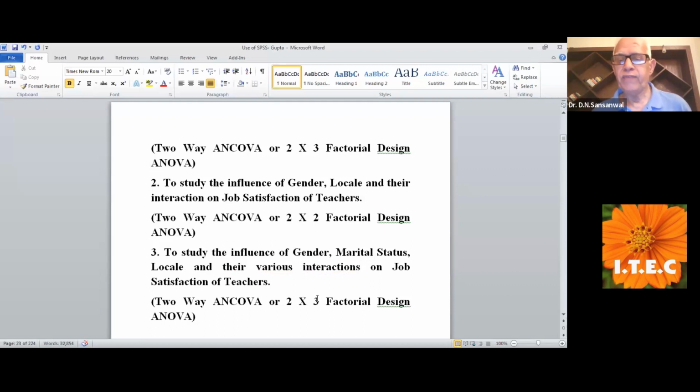So here you have 2 by 3 by 2 factorial design ANOVA. Yes, it is two-way ANOVA, that's correct.